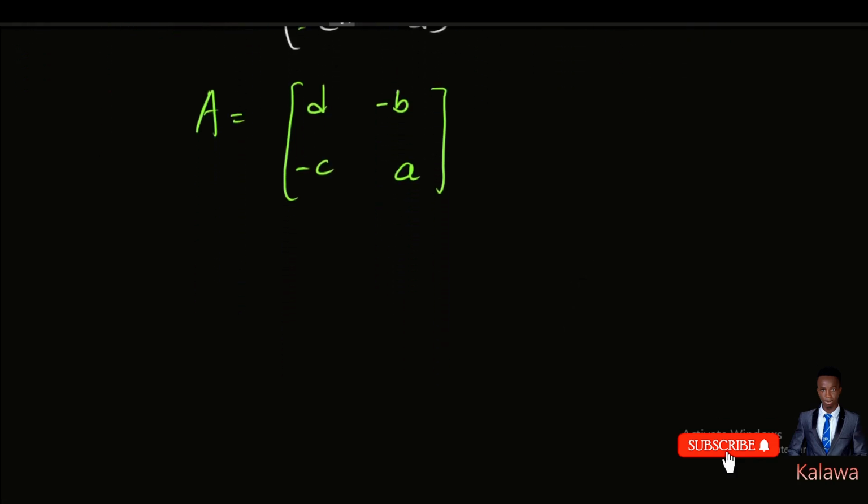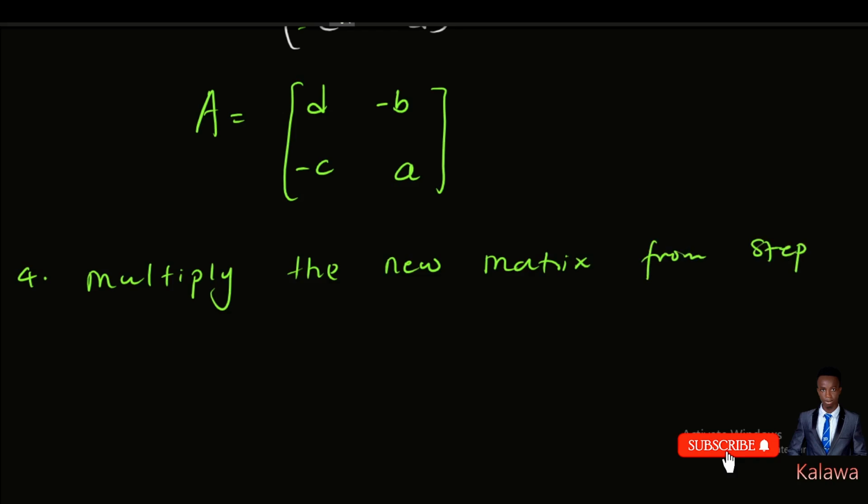So the fourth, or final step, is saying that we are going to multiply the new matrix from step 3, that is this matrix that we have ascertained, by the inverse formula, which says 1 divided by the determinant of A.